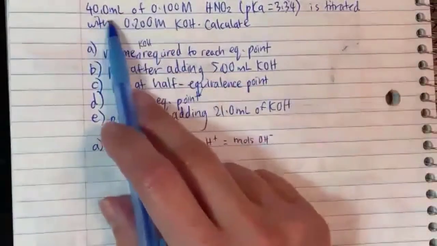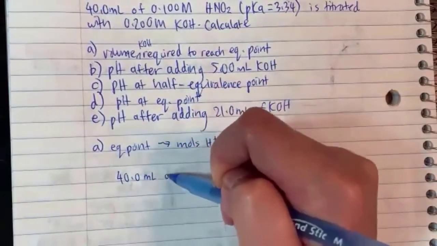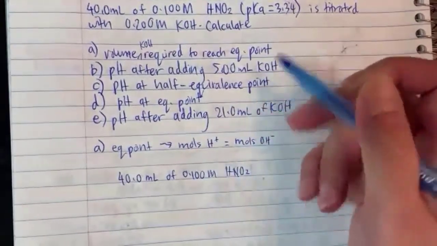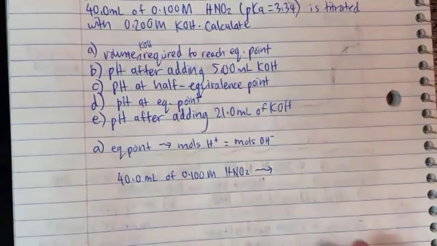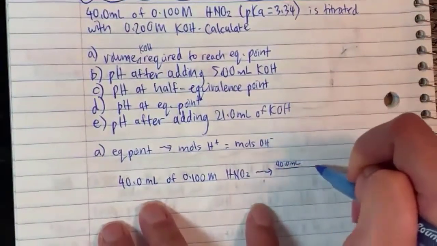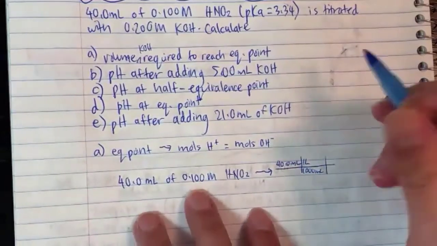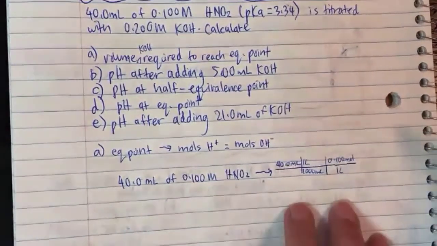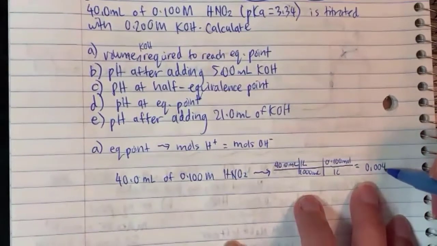So I have 40 mL of 0.1 molarity HNO2. So we're going to do the math here to find out how many moles. In case you don't remember, I'll write it out. 40 mL, and then 1 liter is 1,000 mL. And then you take your molarity, 0.1 moles per 1 liter. So that's how many moles you will get, right? In this case you get 0.004.